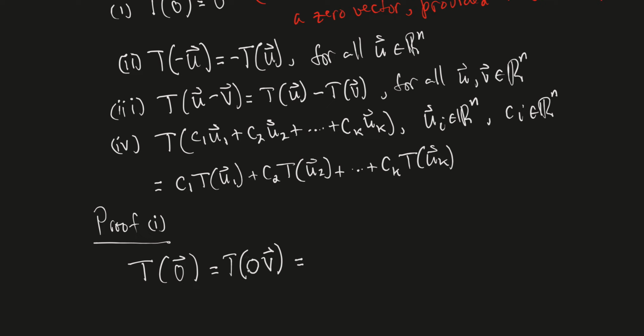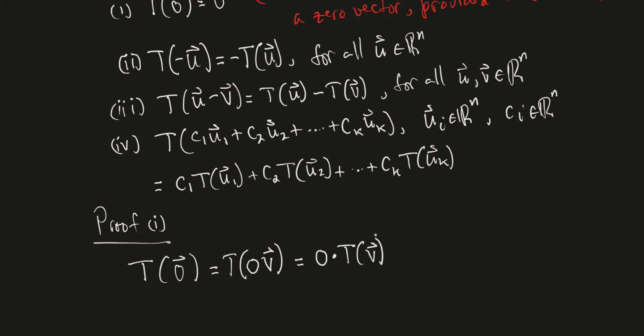But by definition, we are allowed to factor out that scalar. That's one of the properties that we saw in a previous video. I can take the 0 out, so I have 0 out here, times the image of v.